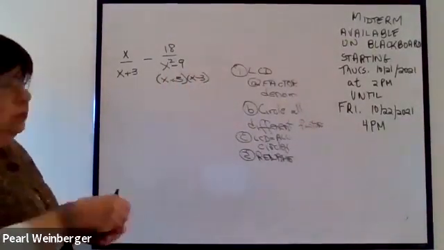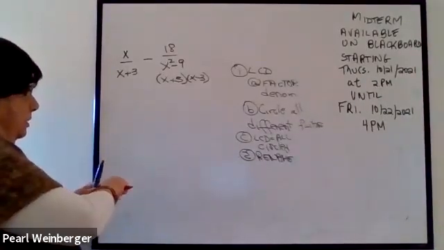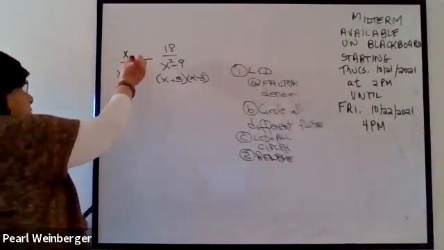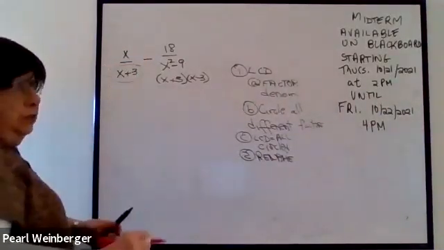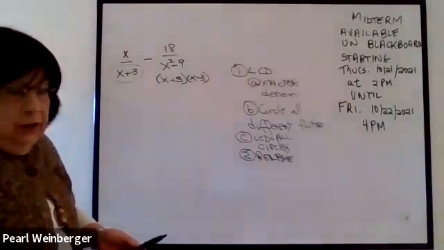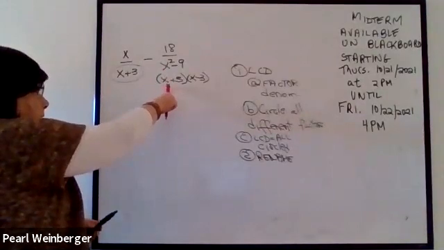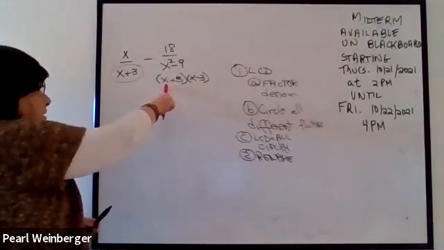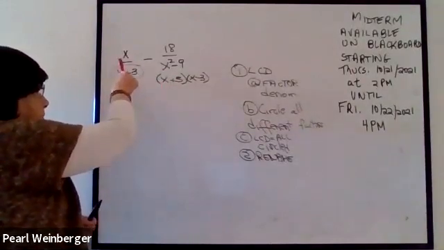And that tells us that if we want to find our LCD, we're going to go to our first denominator and circle everything that's over there, which is the x plus 3 only, and then go to our next denominator and circle anything that has not previously been circled. That's what it means, circle all the different factors.